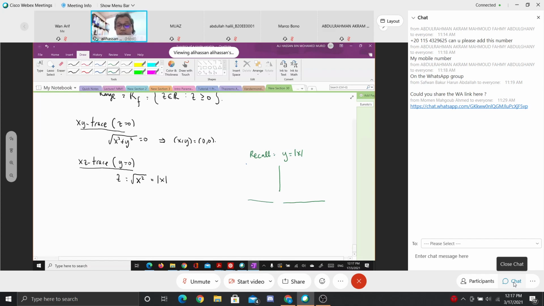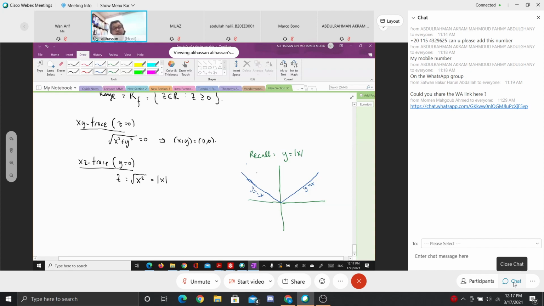Let me try again. We have the line here, y equal to x, and another line here, y equal to minus x. So this is the graph of y equal to modulus x.